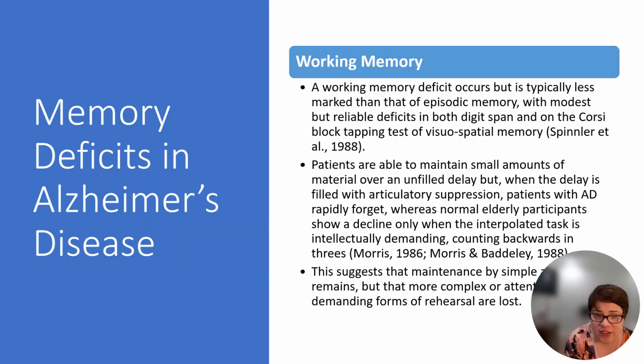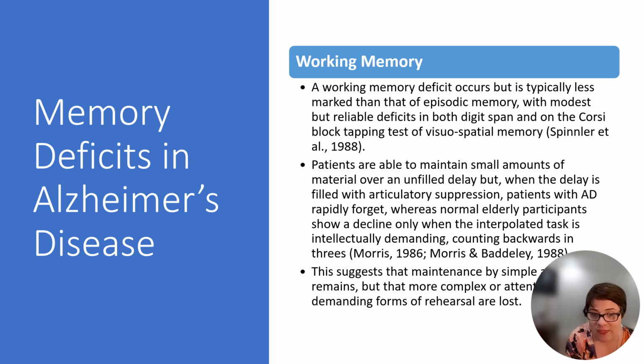We also see a less severe disruption of working memory, but patients with Alzheimer's disease do show reliable deficits in both the digit span task and the Corsi blocks test, which is a test of the visuospatial sketchpad. Patients are able to maintain small amounts of material over an unfilled delay.